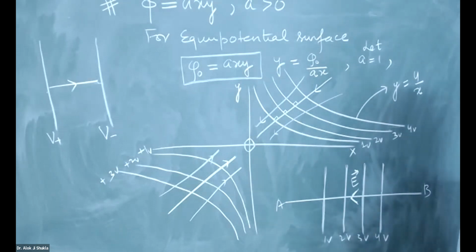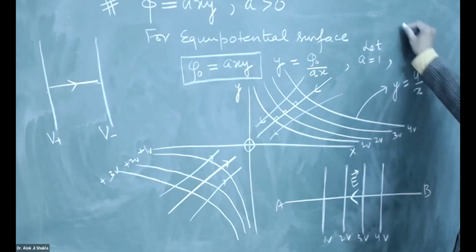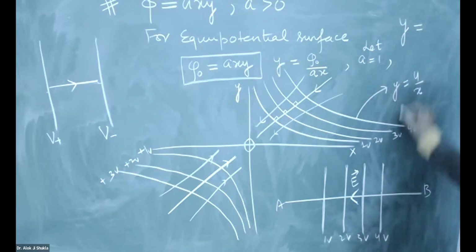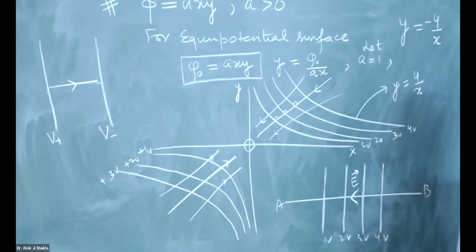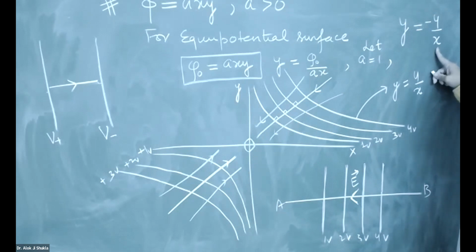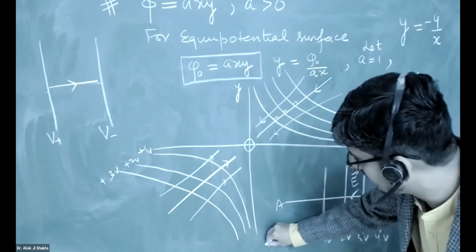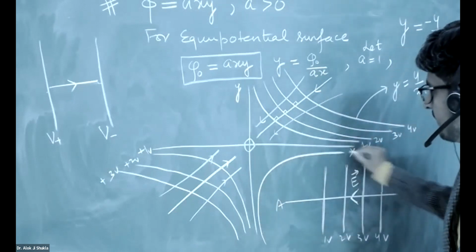Look carefully. If I take a negative value, suppose I take -4 volt, so it will become -4 by x. Yes or no? And then if you take positive values of x, you will get a curve which is here, like this.